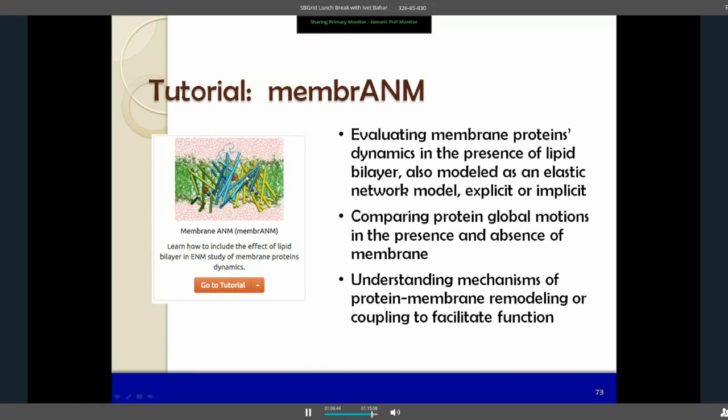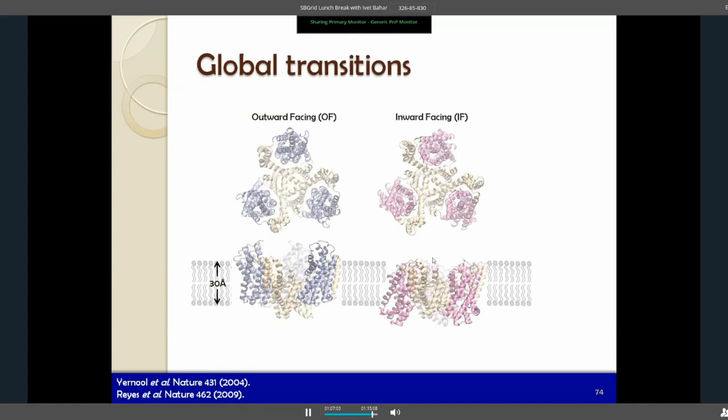And then you can see, for example, the motions in the presence and absence of membrane, how the membrane remodels the dynamics in a sense, and how the coupling between the membrane and protein keeps the functional motions at least. Here is a very striking example from a neurotransmitter transporter.